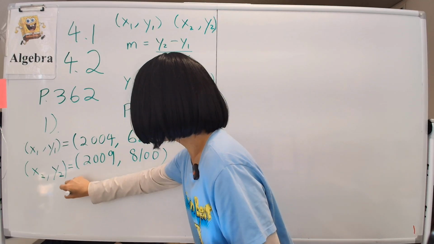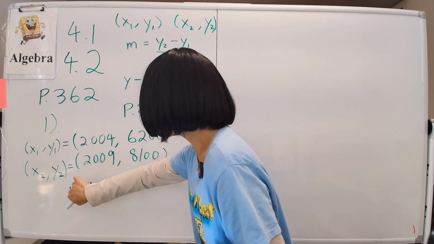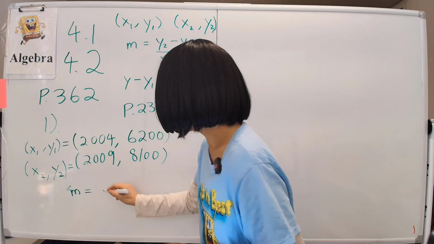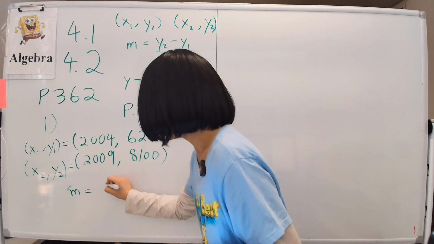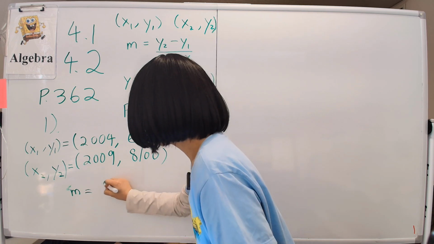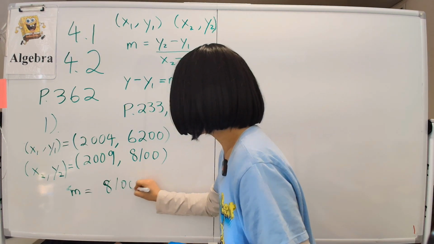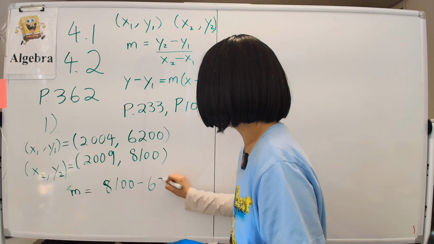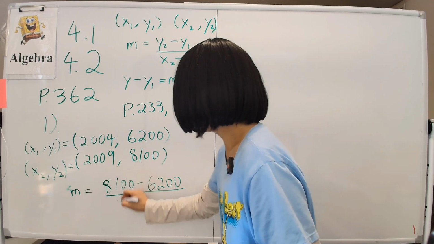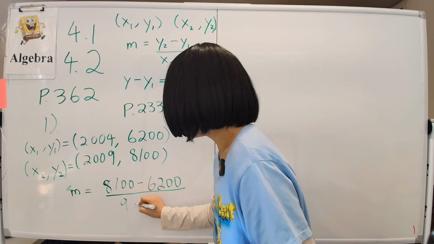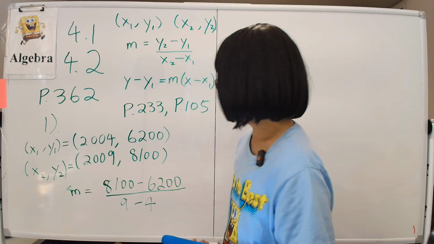Then m equals, so we'll subtract: 8100 minus 6,200, and then 2009 minus 2004.